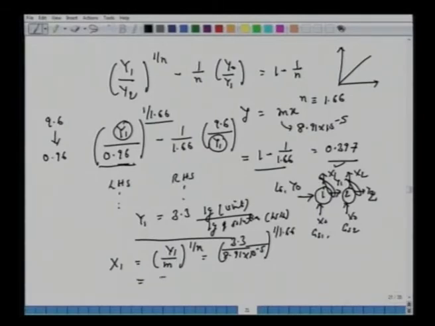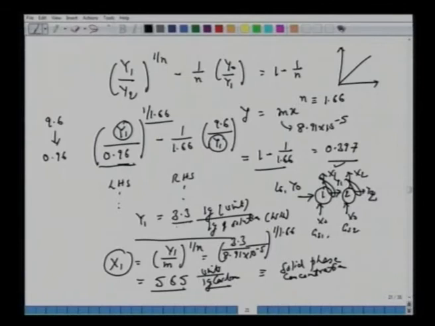This you should be able to obtain as 565, so 565 units of color, or kg of color per kg of carbon adsorbent. This is the solid phase concentration X1 in the leaving stream, which is in equilibrium with 3.3.